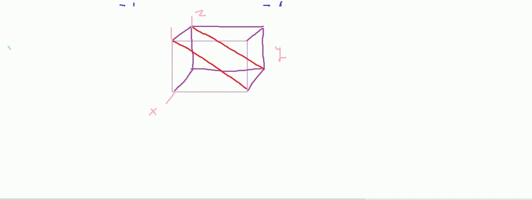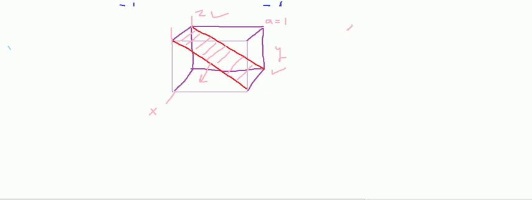So in this example, I want to find the Miller indices of this particular plane. Can you tell me where the plane has intercepted? The plane has intercepted only on Z and Y, but not on X, because it is running parallel to X. Say this is a unit cube, a cube with a equals 1.